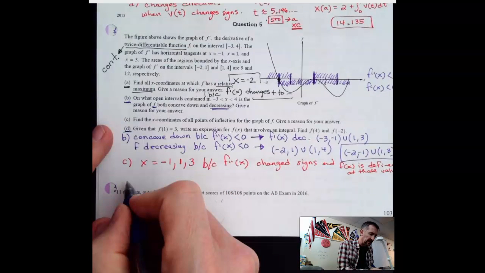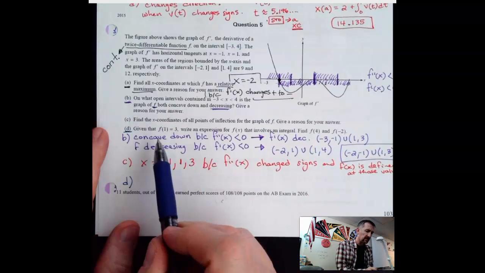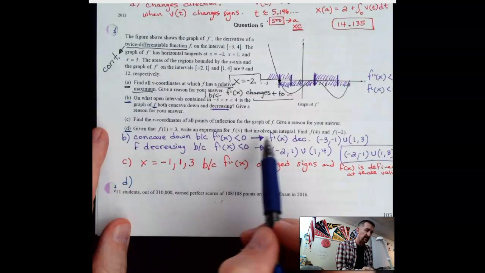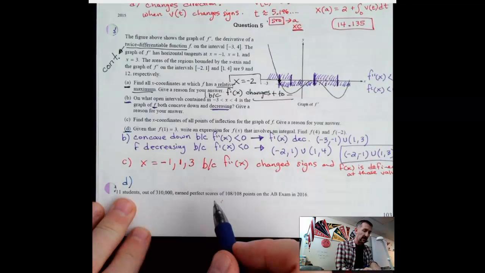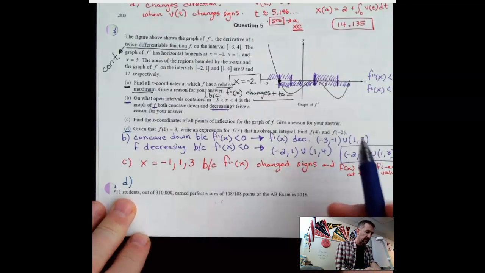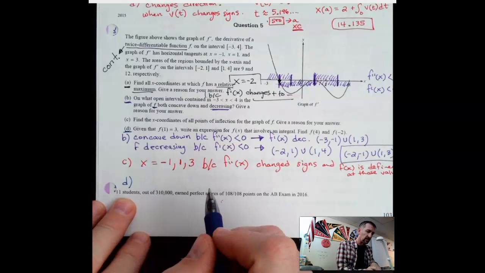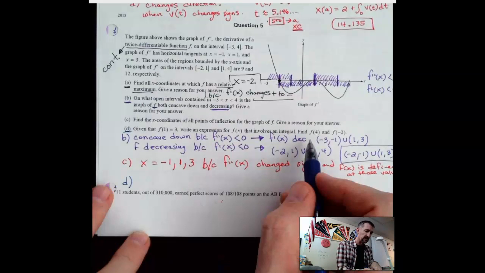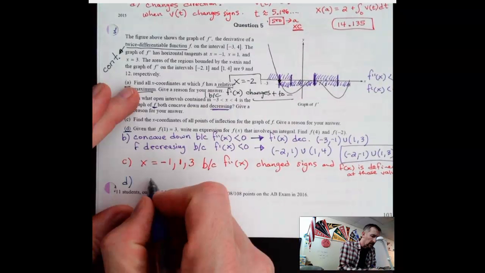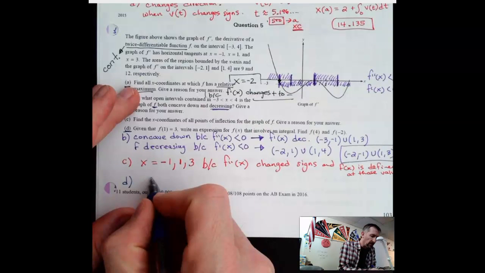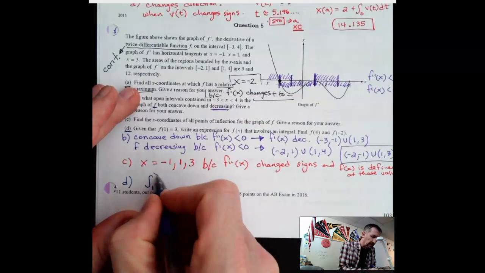Okay, so let's look at the last part of this here. Given that f of 1 equals 3, find an expression for f of x that involves an integral, and then find f of 4 and f of -2. So if we want to find values of f, we want to integrate f prime.